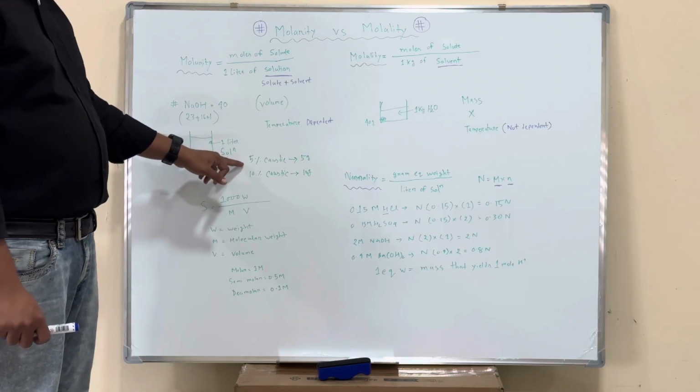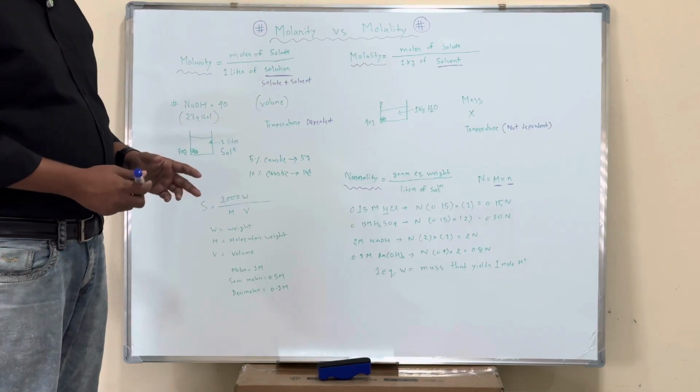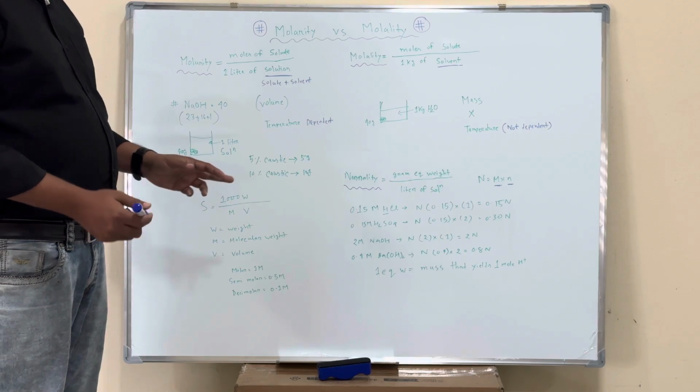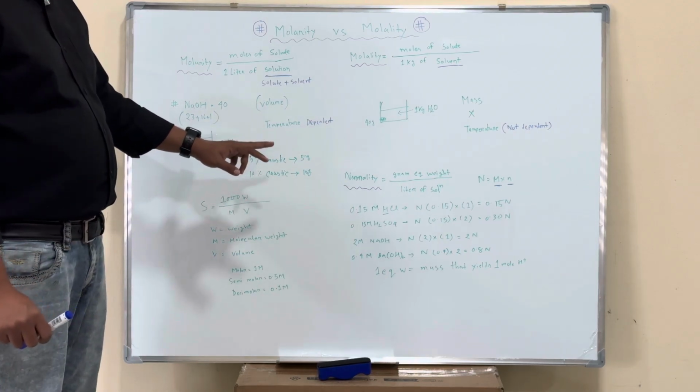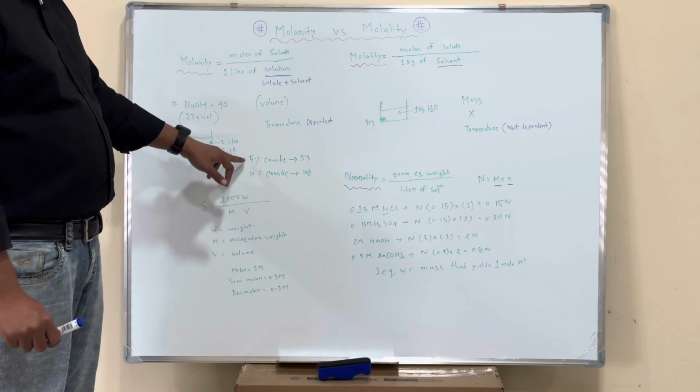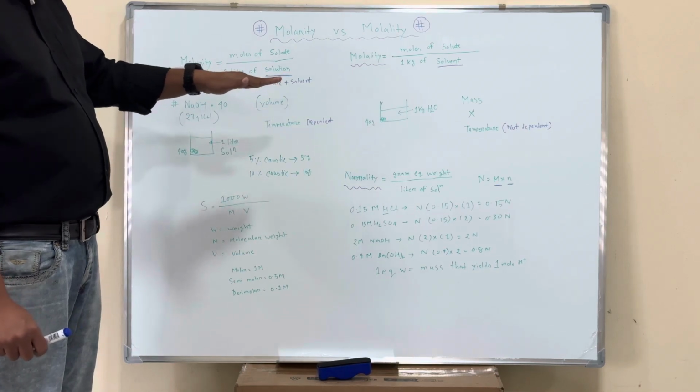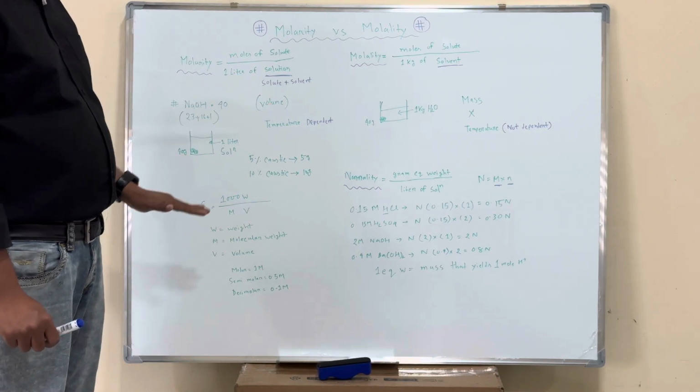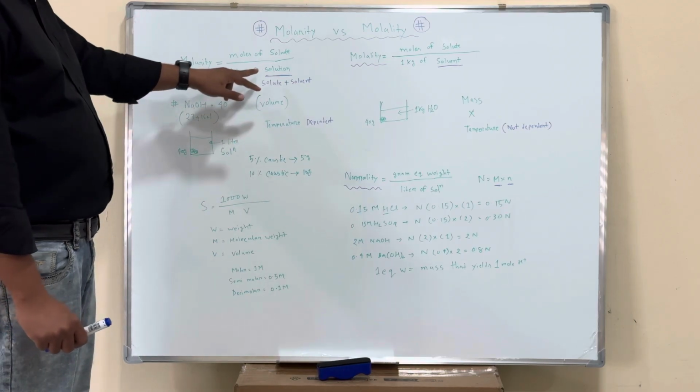Suppose I am saying you make a 5% caustic solution, that means not 95, it means 5 gram and you have to make it total 100, because it is the solution.